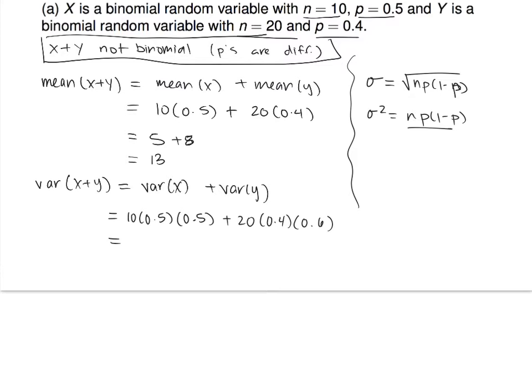Anybody get it? I got 7.3. So the variance is 7.3. And then how about the standard deviation?